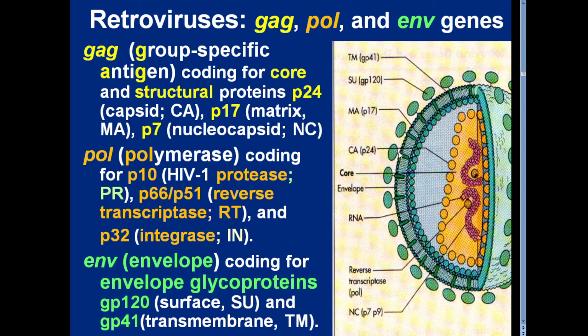ENV genes, from envelope. As a result, coding envelope glycoproteins, GP120, and GP41 transmembrane protein.